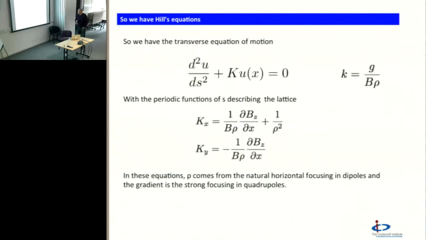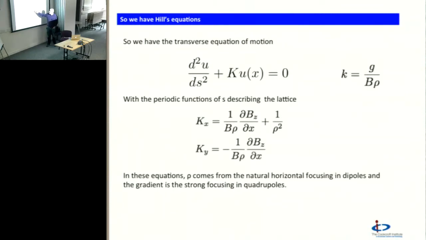So as a master summary up until this point, we've derived our transverse equations of motion. That's the most painful bit of today out the way. We can now have the fun of looking at these equations and understanding the motion of particles in accelerators. That's Hill's equations. d squared u by ds squared plus K times u is naught, where this K depends on what plane you're in.